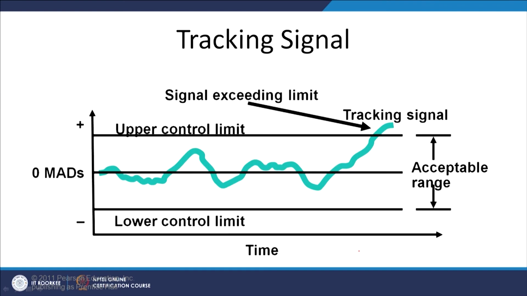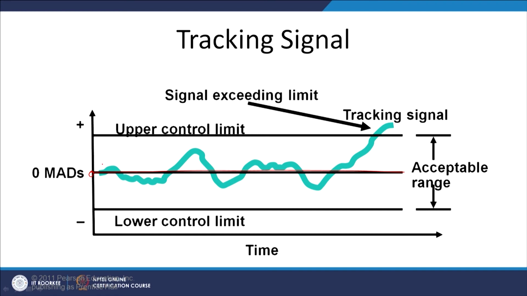This is the mean absolute deviation line where it is 0, meaning the forecast and actual demands are exactly matching, and the mean absolute deviation is 0, but this will hardly happen; there will always be some kind of difference.